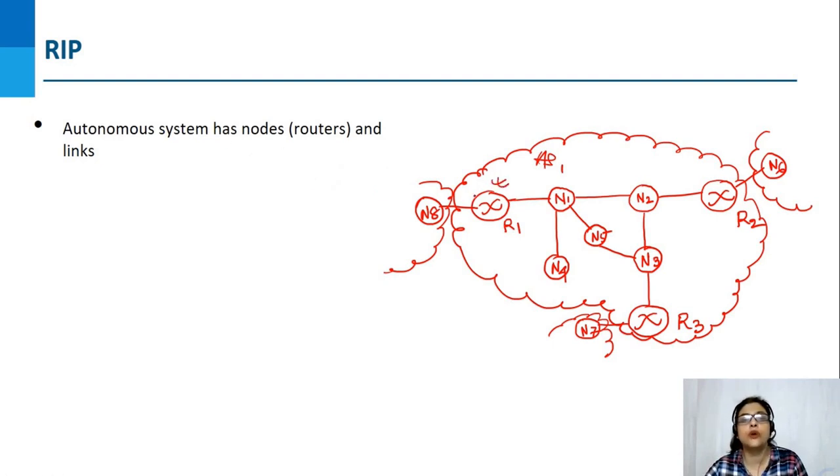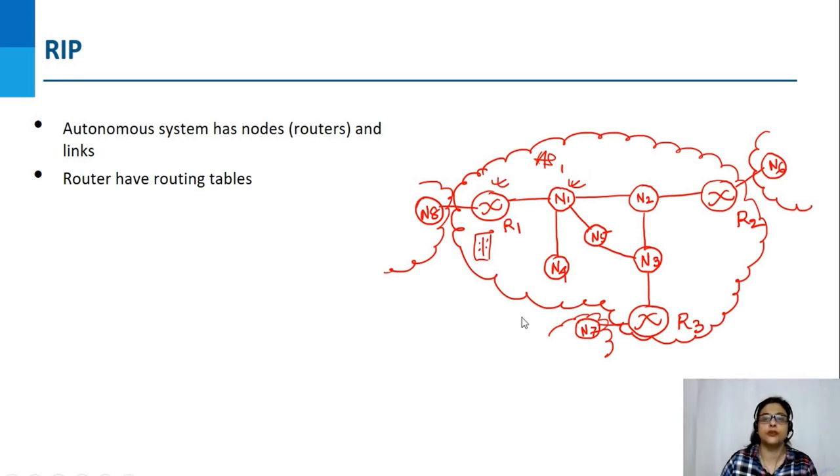Nodes are known as the routers, and we have the links, which are basically the networks. Routing tables are there in the router, which consists of the to field and the cost field and the next node field, whereas the networks do not have the routing tables.